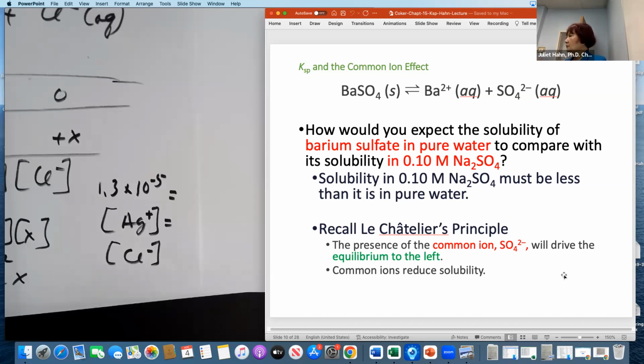Of course, the sodium sulfate is the common ion sulfate. So you're going to have something for the concentration of the sulfate ion. If you have a common ion, if you add to this side, it's going to drive the equation this way.